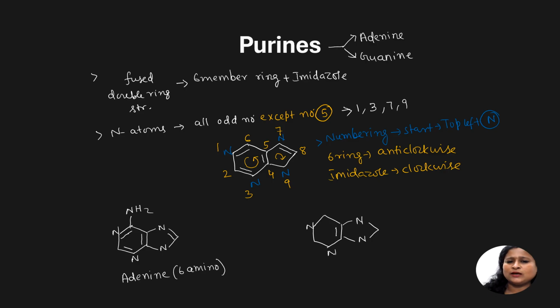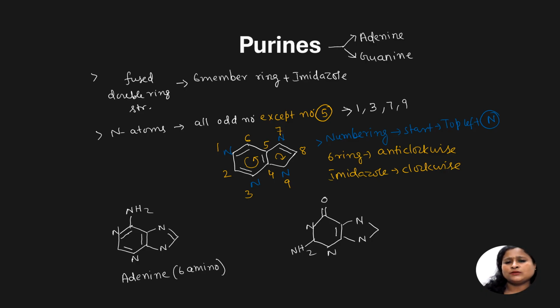Because the core structure may be modified a little bit to make other structures. So for guanine, what happens? The amine group, which was attached to the 6th carbon, comes to the number 2 carbon. And in the 6th place, there would be a carbonyl group.